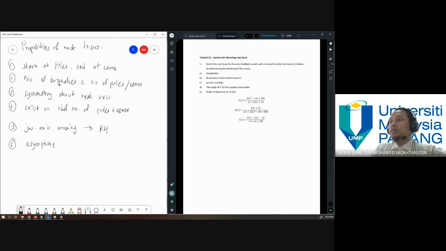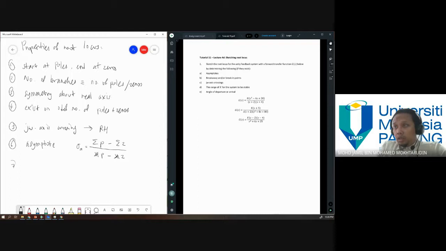So for asymptote, we have two formulas. So first one is the real axis intercept: summation of poles minus summation of zeros divided by number of poles minus number of zeros.